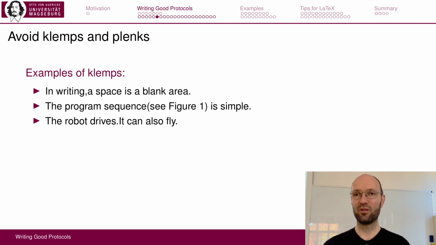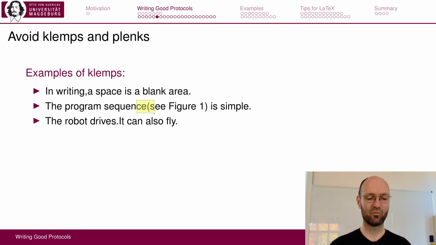What is also important, at least in German and in English documents, is to avoid these planks and clamps. So there's usually no space before a comma, but there should always be a space behind the comma. So this is wrong. This is such a clamp where something is clamped together. Yeah?